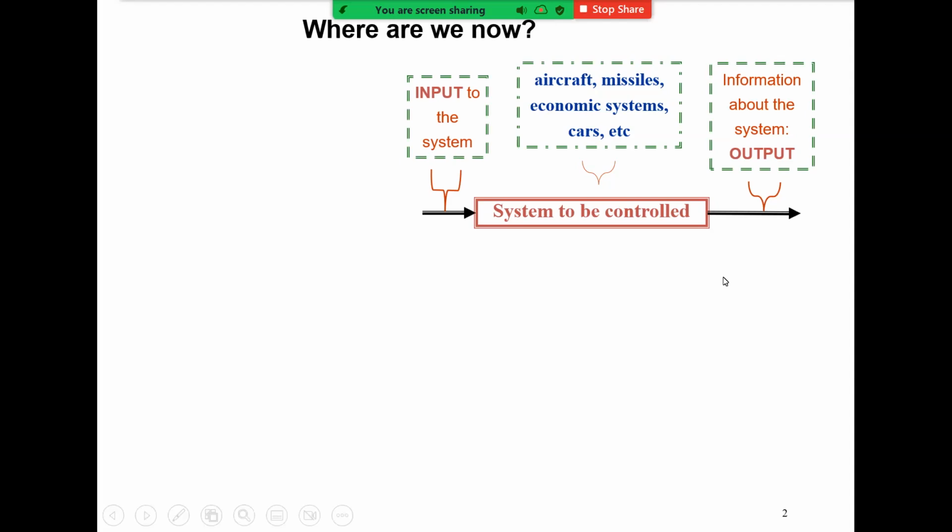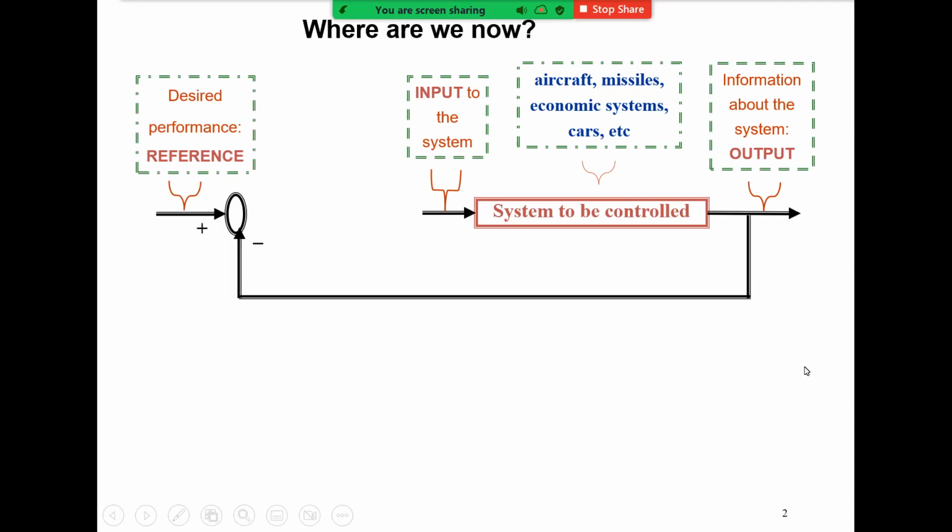So you want to change the behavior of the system. You monitor the output, so you can observe. When we say output, that is something we can see, observe, and measure. So it is something we know.